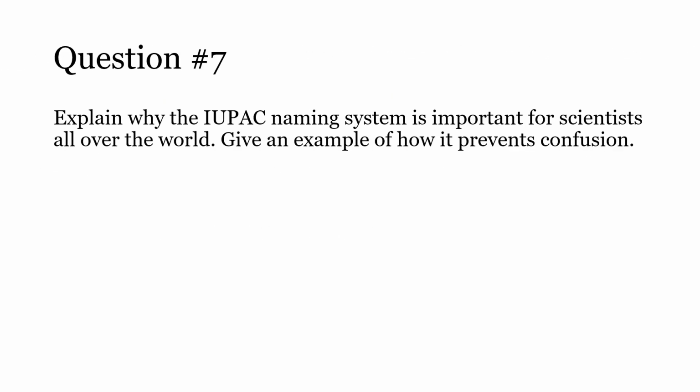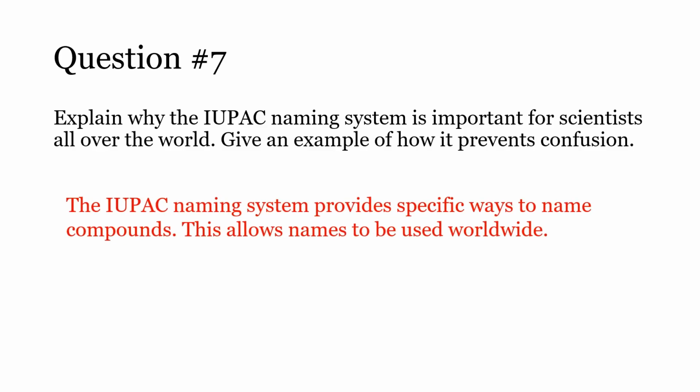Number 7, explain why the IUPAC naming system is important for scientists all over the world. Give an example of how it prevents confusion. So, the real idea for this is that the IUPAC naming system will provide specific ways to name compounds, and this allows it to be used essentially worldwide.